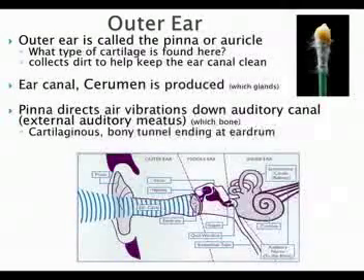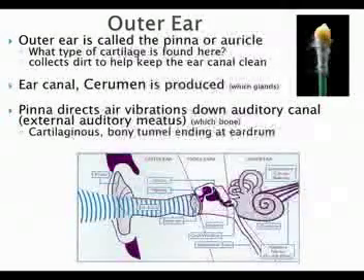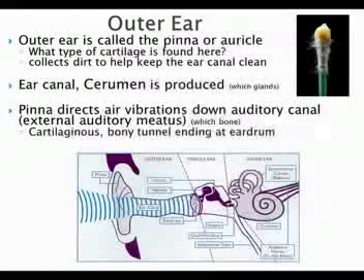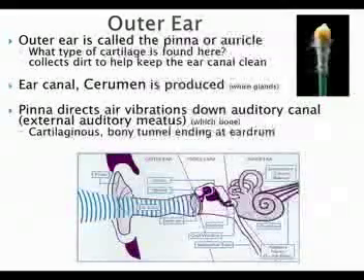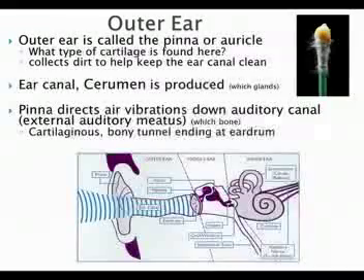So we're going to talk about the ear, and we're going to break it into three different regions: the outer ear, the middle ear, and the inner ear. The outer ear is really involved in focusing the sounds. The middle ear is really dealing with transmitting those vibrations. And then the inner ear is about transforming those vibrations from actual movement to an electrical signal.